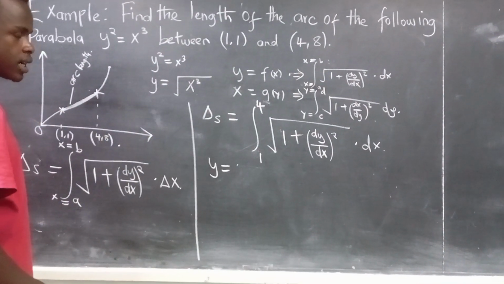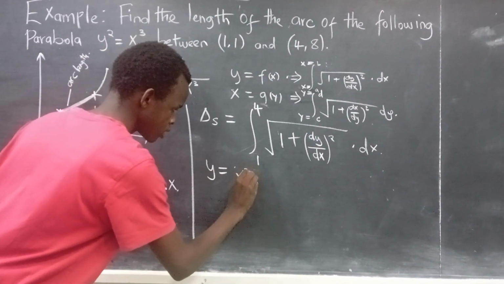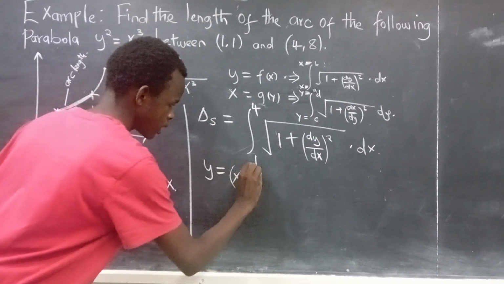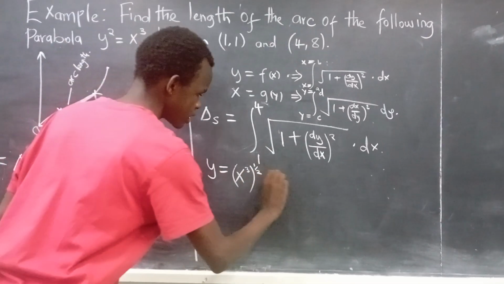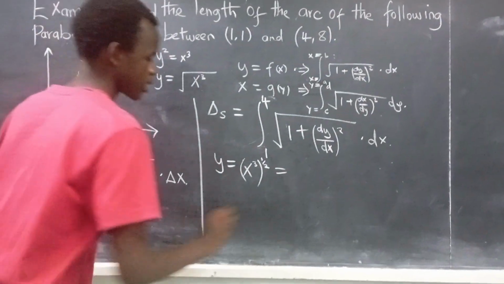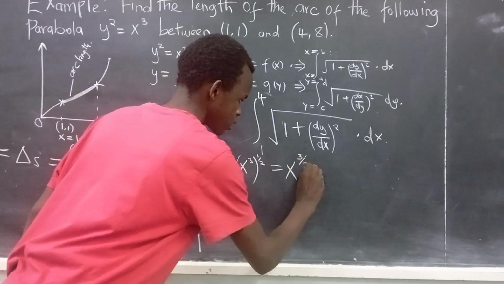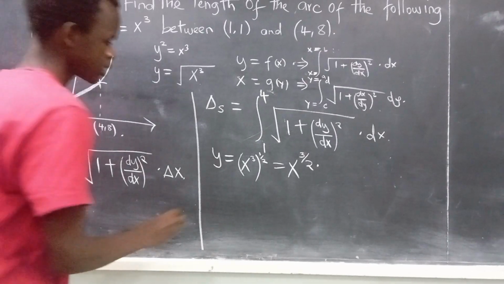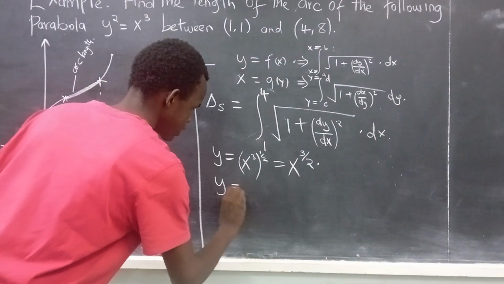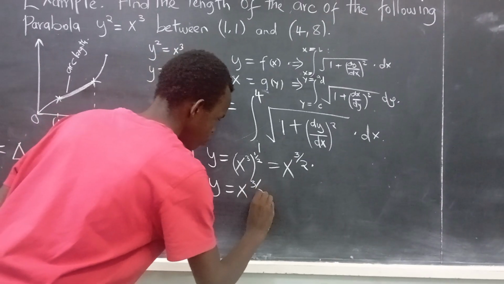So I can write that as x cubed raised to a half, that's just the square root. So this will be the same as x to the 3 over 2, right? So I have my y as x to the 3 over 2.